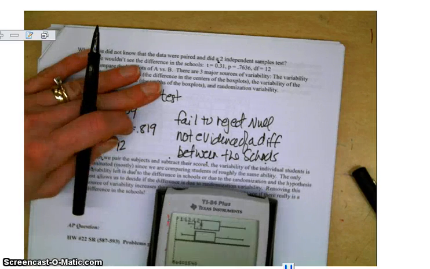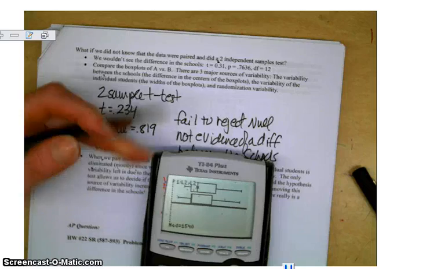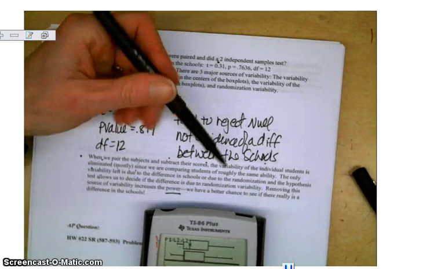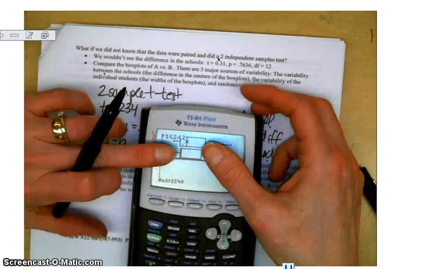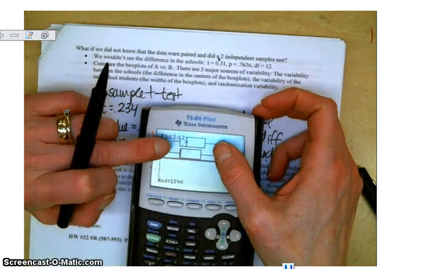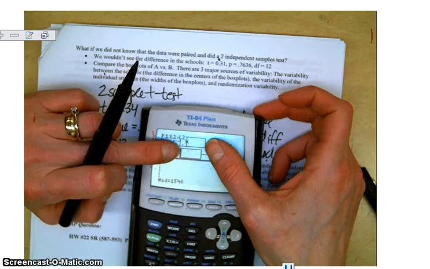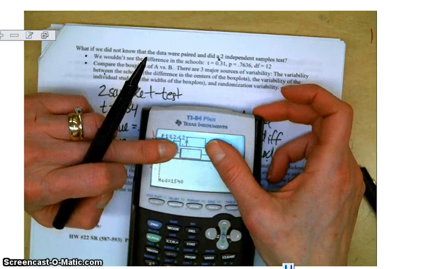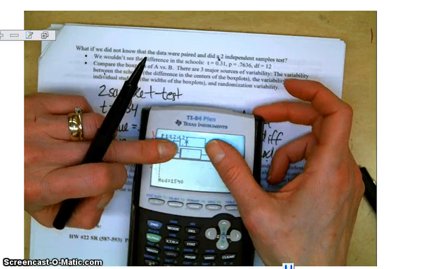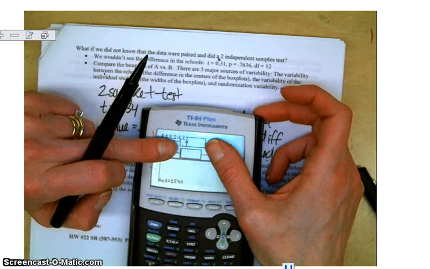So if you pair, this is just looking at the two things separately. If you pair them, it says you get rid of the variability of the individual students. That variability of the individual students gets rid of everything outside that middle 50% for both of them. That's what pairing them, matching them up and pairing, does; it gets rid of that part of the box plots.